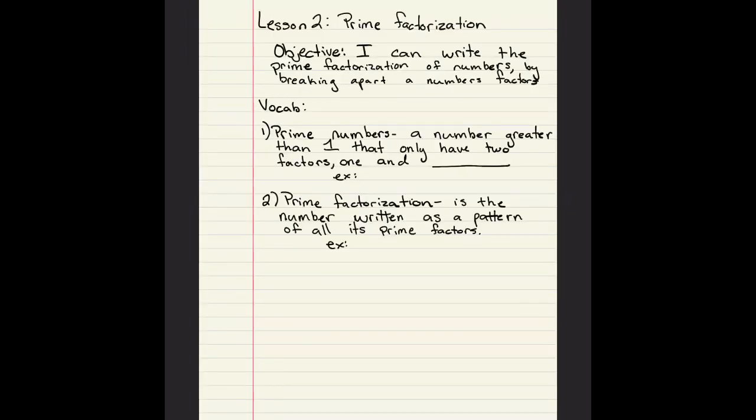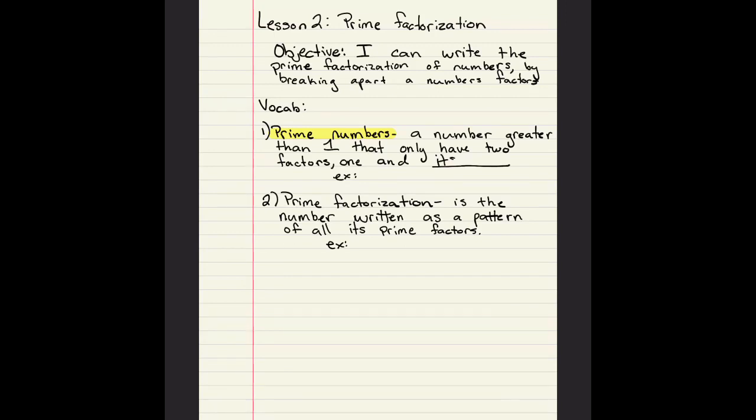So, starting off with our vocab, we have a little fill in the blank here today. So, number 1 is prime numbers. You should already know this. This is review. A prime number is a number greater than 1 that only has 2 factors: 1 and itself. Good job, class.